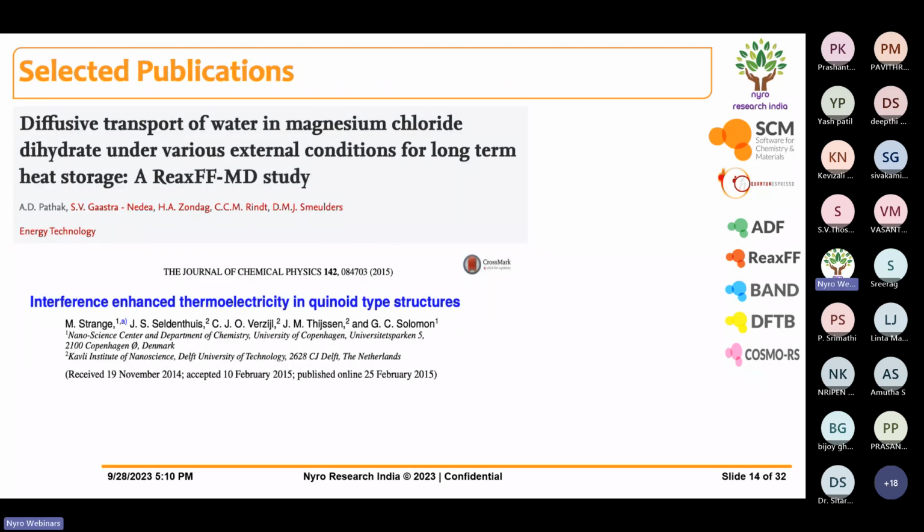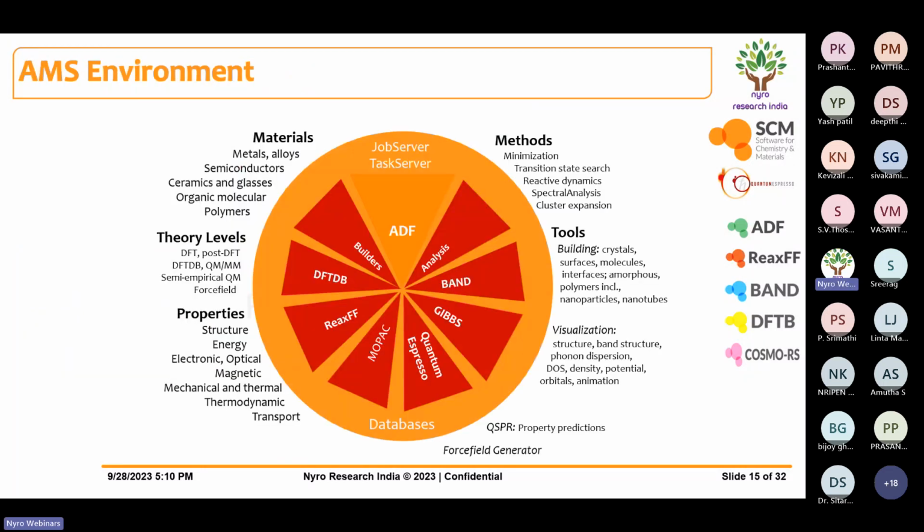So these are some of the publications which we have published with these methodologies. And this is about the AMS environment where we can do material modeling, the different theory levels like DFT, DFTB, the different properties of the molecules which we can focus on from structure to energy, electronic optical properties, mechanical and thermodynamic properties, the methods from energy minimization to transition state search, reactive dynamics, the different tools which can be useful for building crystals, surfaces, molecules, interfaces, and also polymers.